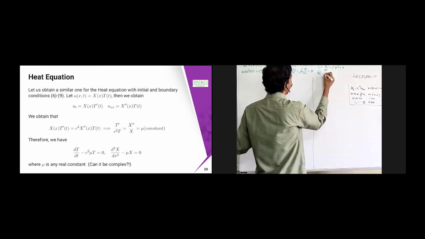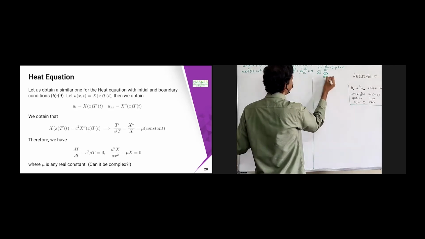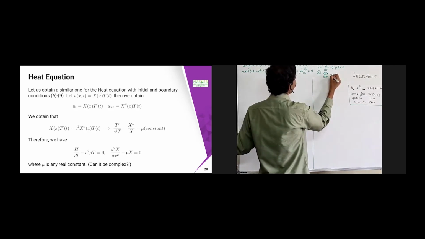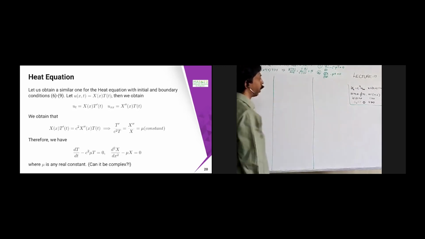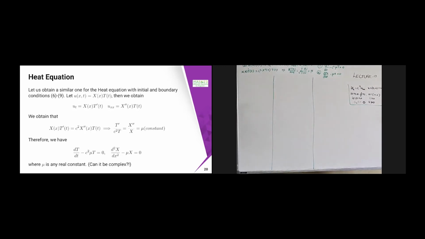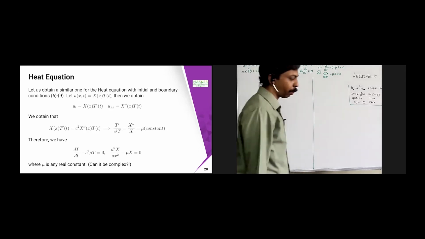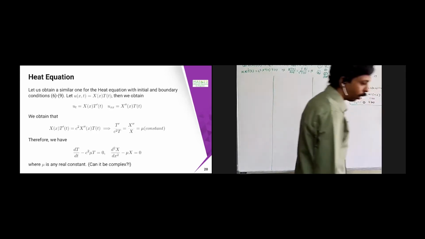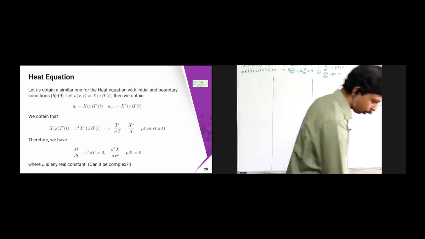The second problem is d square X by dx square equal to minus mu into X, that is, X double dash plus mu X equal to 0. So two problems are there. Let us solve the second problem first. Mu is any real constant.